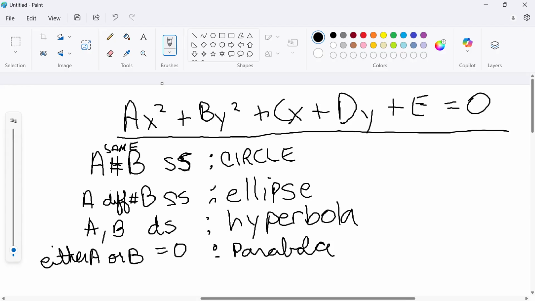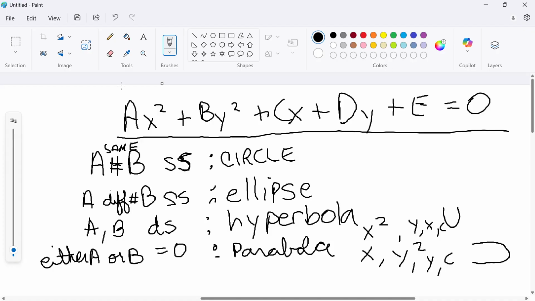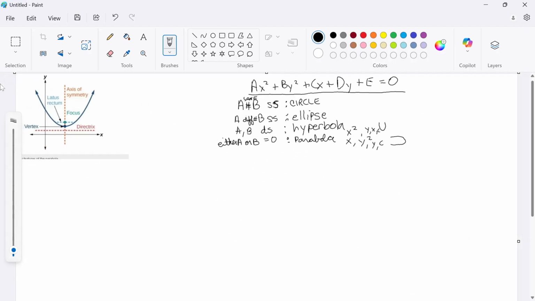If there is an x squared term, something with y and x squared, then it is a vertical parabola. If it has x, y squared, and then also x and a constant, it is what's called a horizontal parabola. So that's how you tell those things apart.